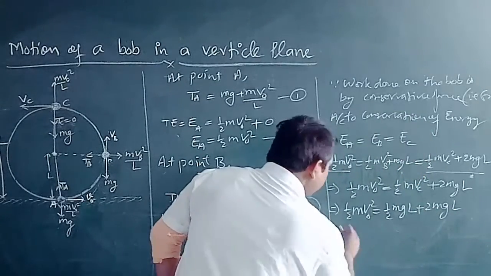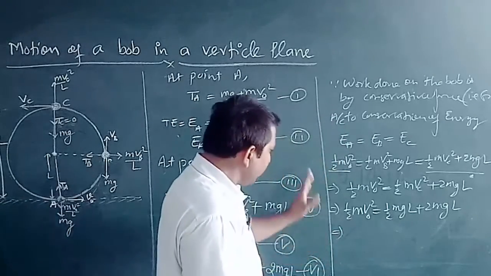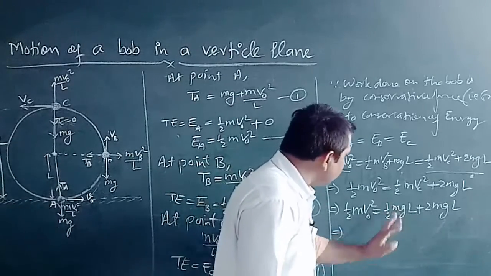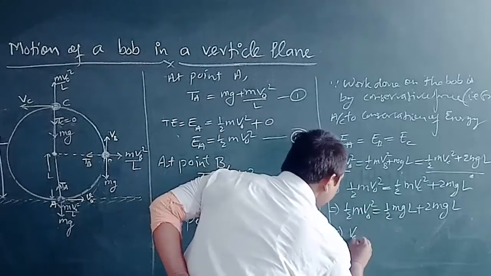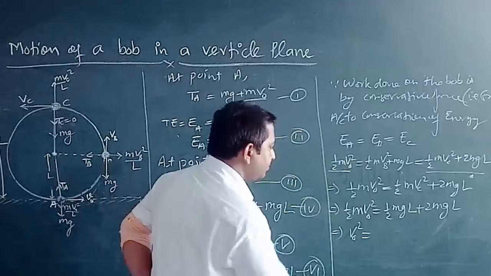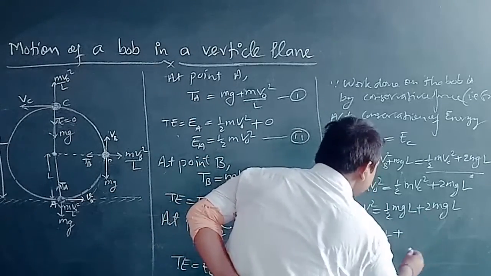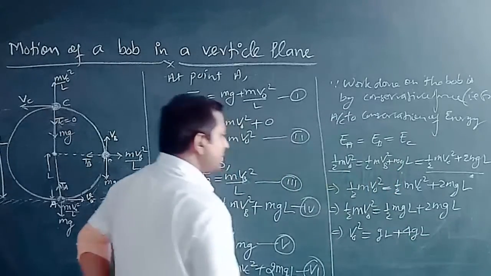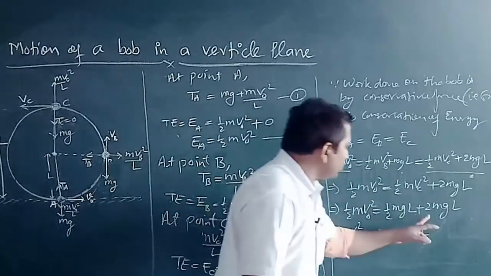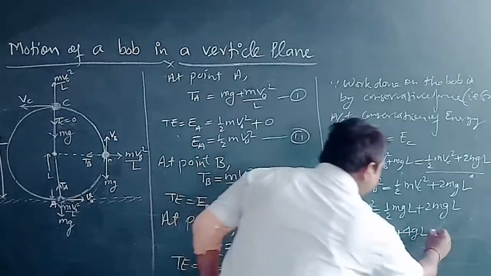Now if we take half as common from each term and m also common and cancel out, from here we get v0 square is equal to, this becomes gl plus this becomes 4gl, because half is taken outside, so there will be multiplication by 2, so this becomes 5gl.